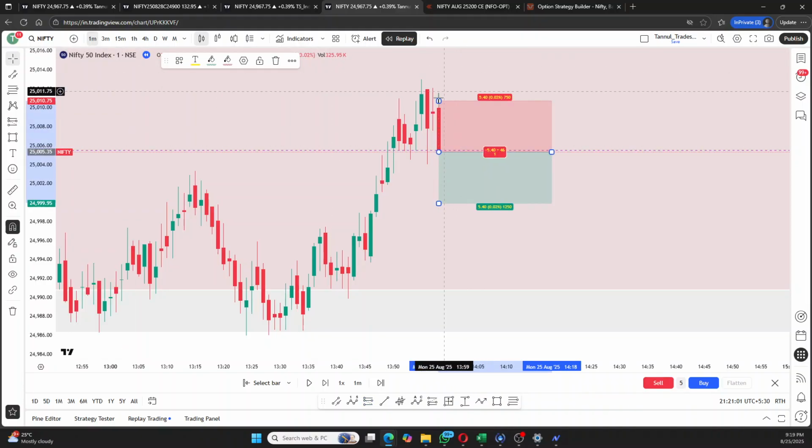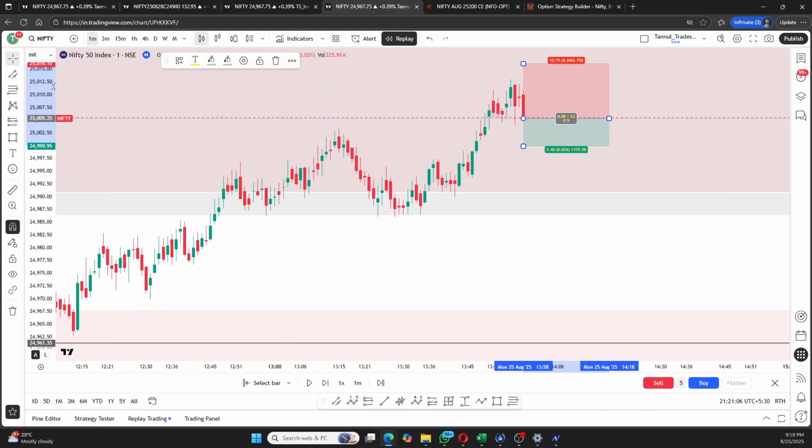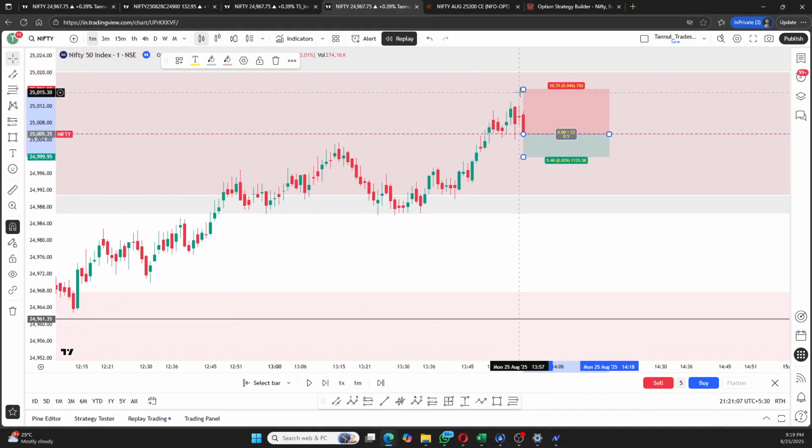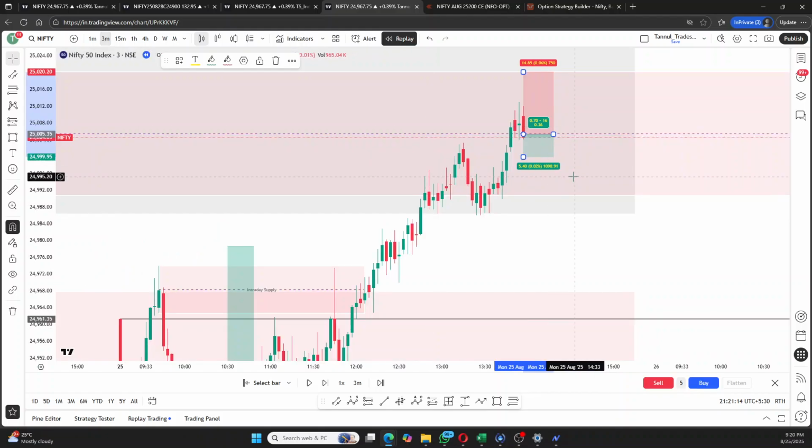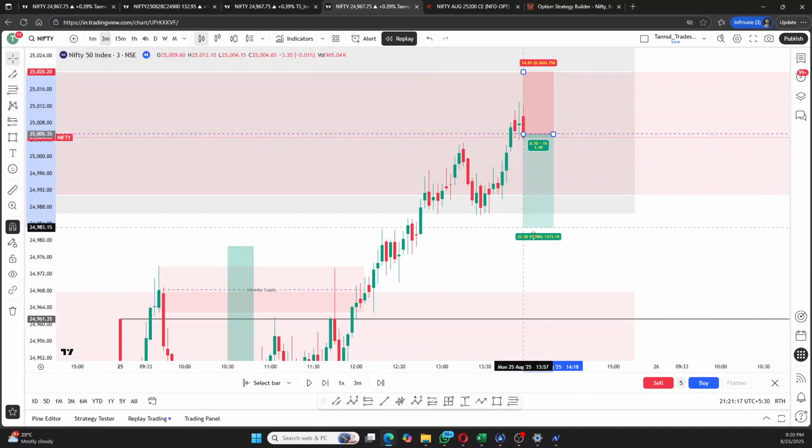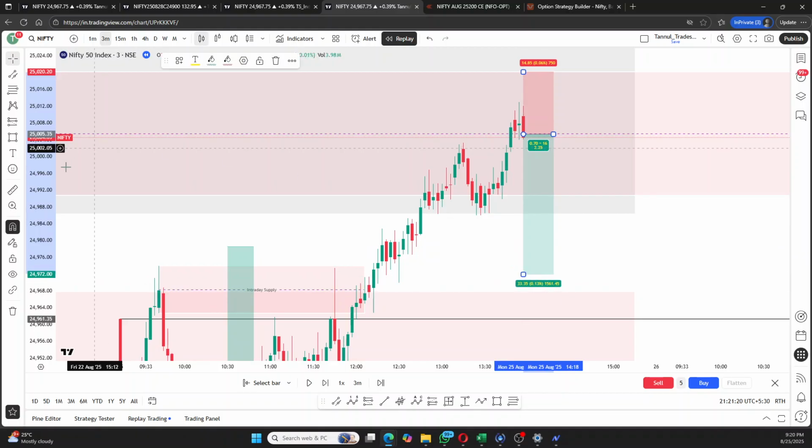So as long as this supply zone is not violated, we can expect the price to retest.